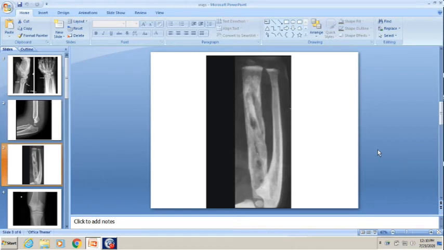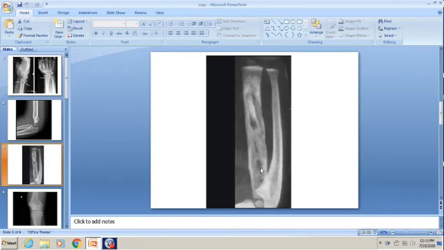So what are the features which will help you to support your diagnosis? What can you see from the X-ray? From that you can say it's chronic osteomyelitis. Sir, there is some dark shadow in the bone. These dark shadows you mean.